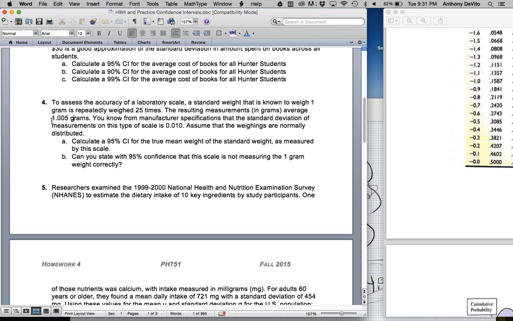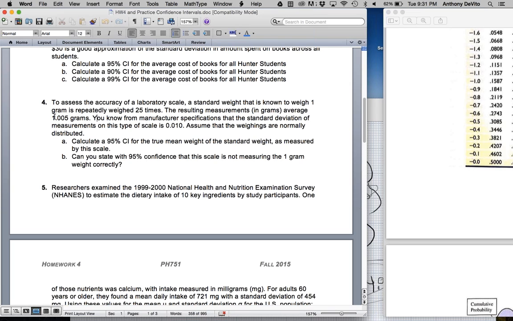And now we're going to say to ourselves, well, what's the likelihood? Based on taking 25 measurements and getting an average of 1.05, what's my 95% confidence interval for the true weight of this object, which I know really is 1 gram, that I put on there? What's my 95% confidence interval for what this scale would read if I just kept doing this thousands of times?